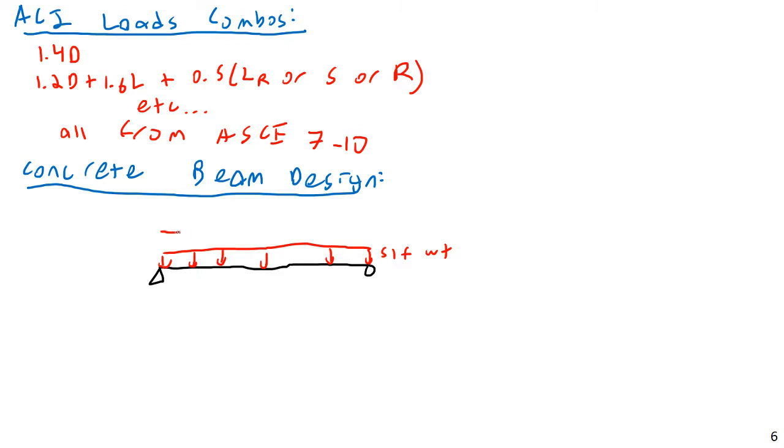Then superimposed upon that, we would have, say, your dead load, and then superimposed upon that, you would have live load. But we would simply design for a w that is composed of all of these.